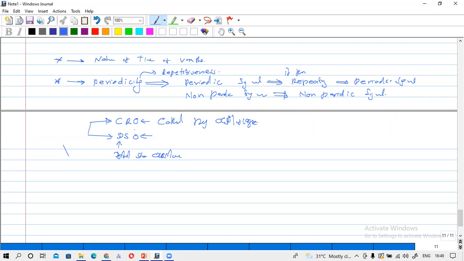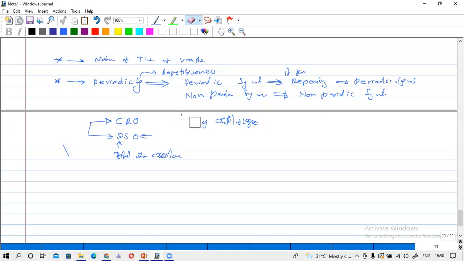Did you use these two types of oscilloscope? Have you used them? Yeah, you used the CRO. That is the answer I wanted to get from you.